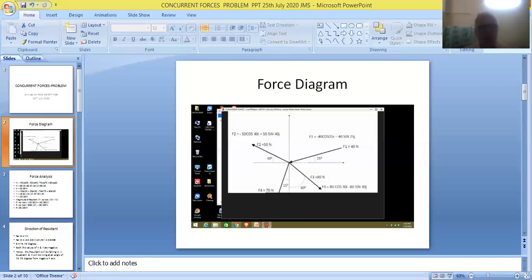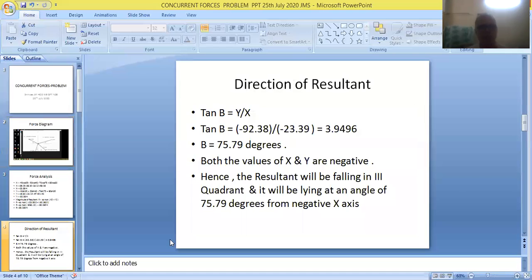So thereby you will be in a position to locate the position of the resultant. This is also given in this particular statement, my dear friends.